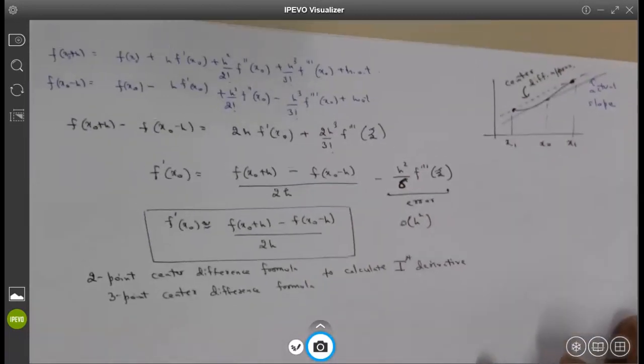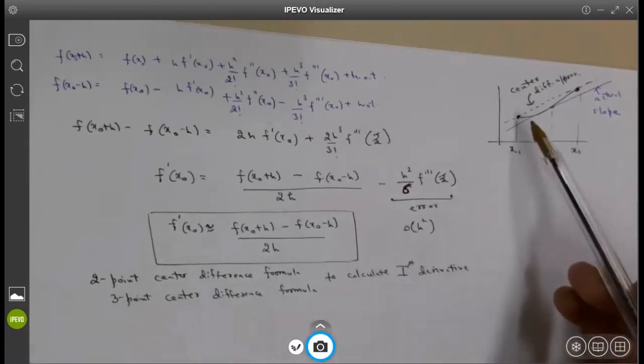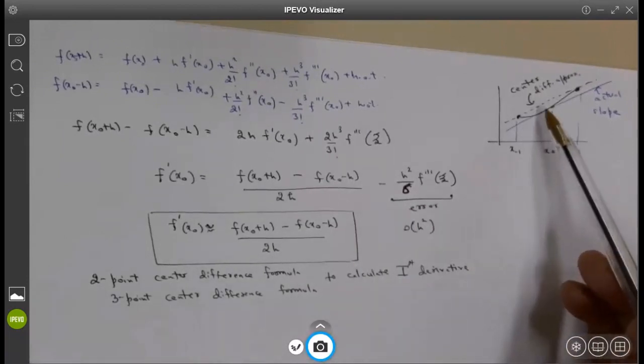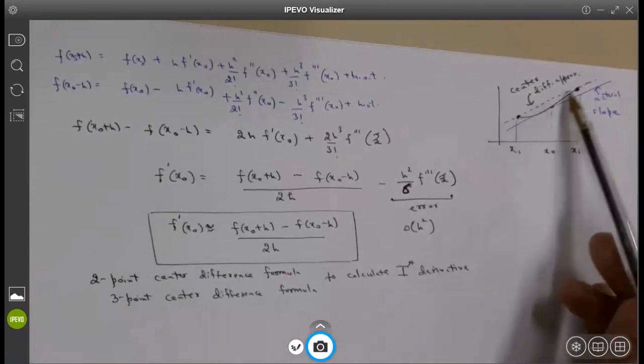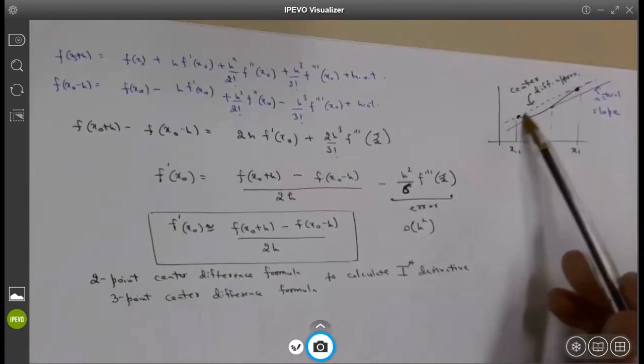So what this says is that you can also calculate the first derivative by not taking either the forward difference or the backward difference, but using a center difference and using again 2 points.